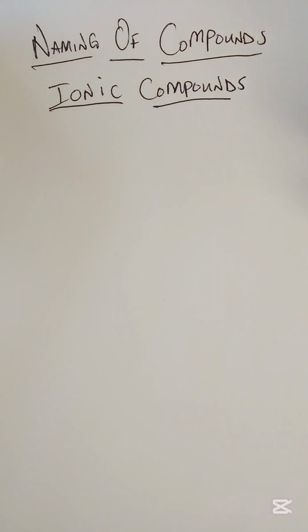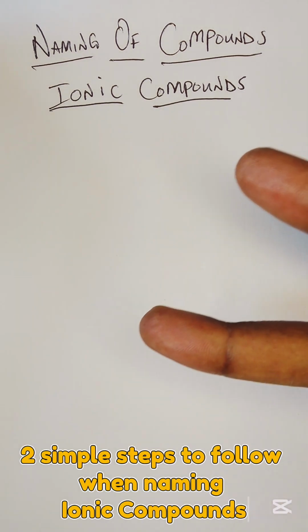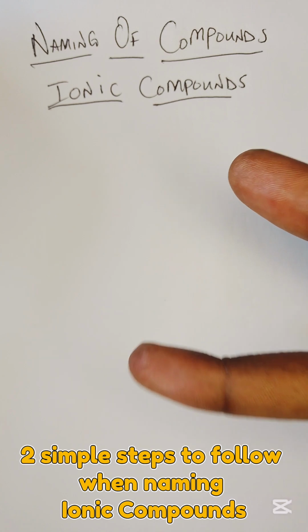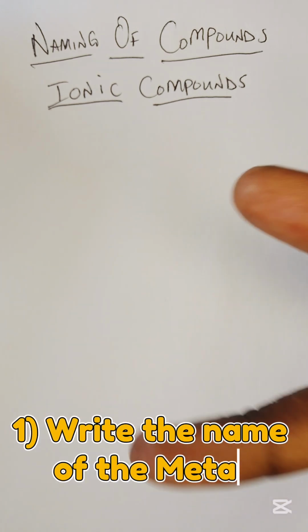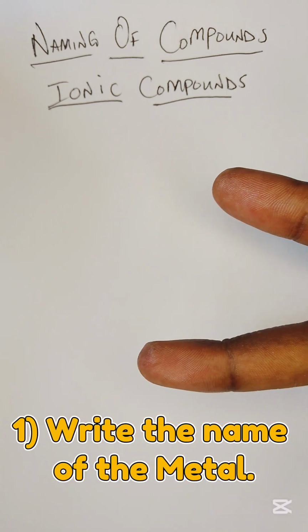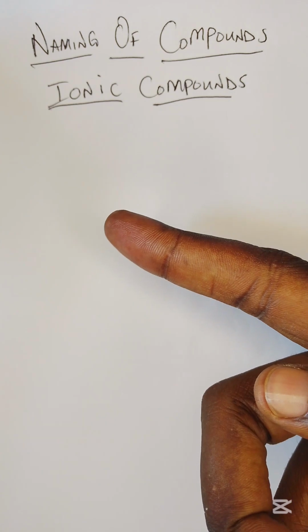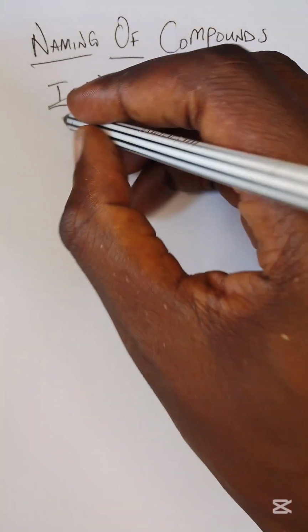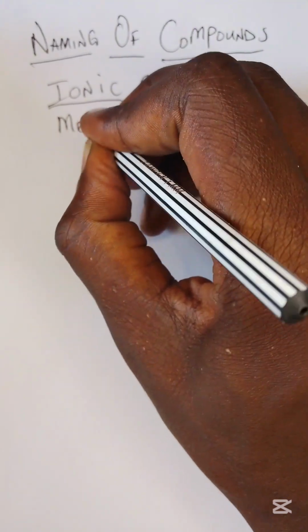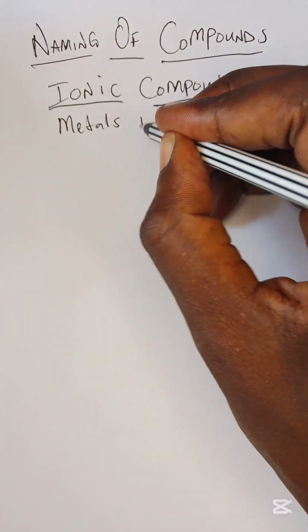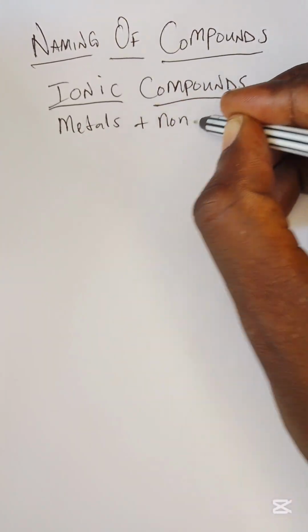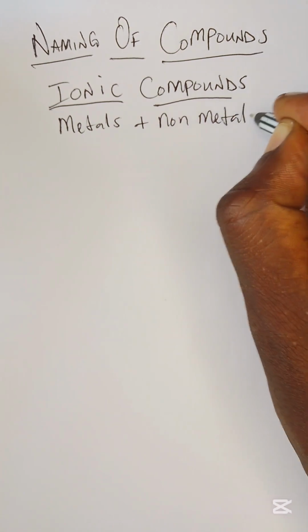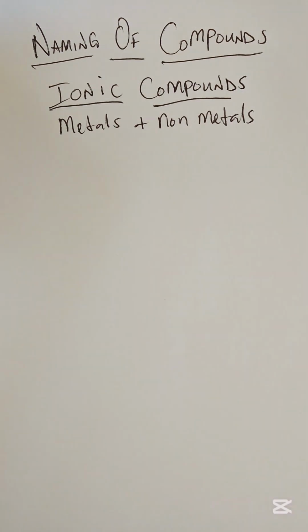When naming ionic compounds, there are two simple steps that we're supposed to follow. The first step is to write the name of the metal. You have to identify the metal and the non-metal, because ionic compounds involve metals and non-metals.